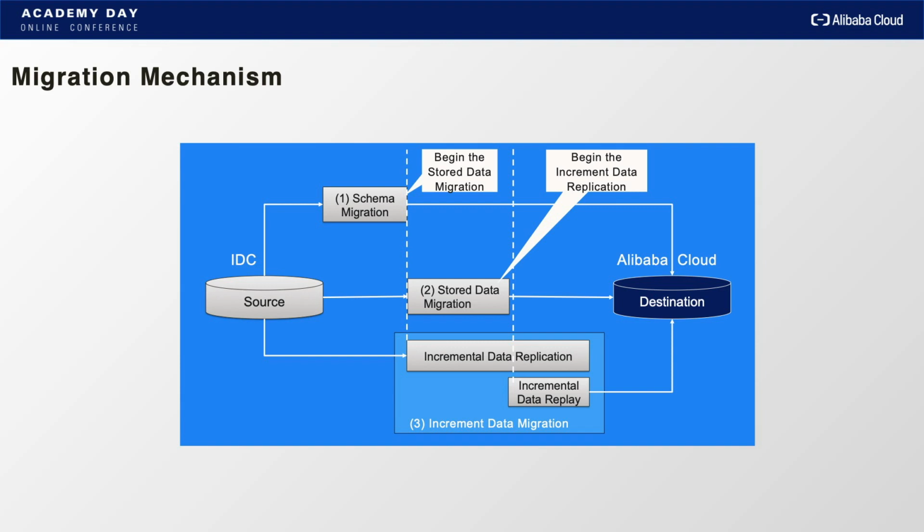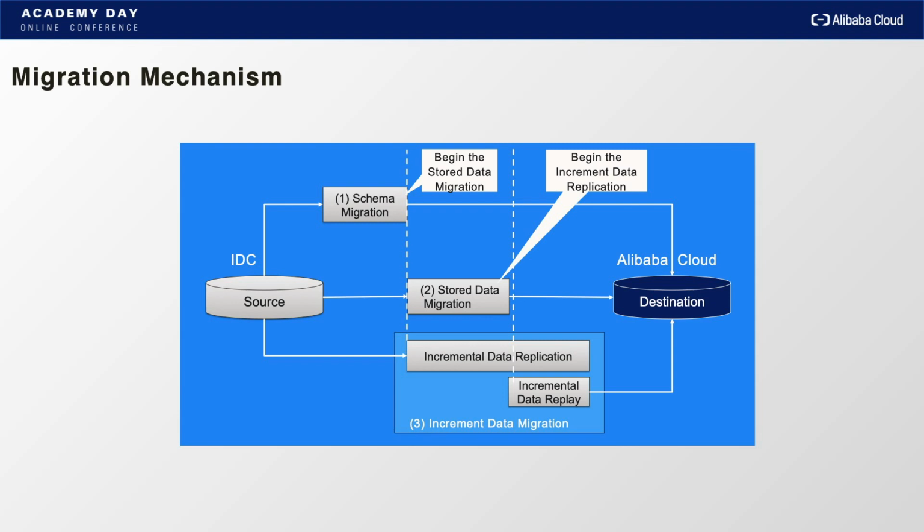As you can see from a timeline perspective, starting at this point, simultaneously, when DTS starts migrating the existing data, it also starts capturing the incremental data and replicates it to the destination database at the same time. So once you are done migrating the existing data, it'll automatically start migrating the incremental data. At the end of this process, the two databases are truly in sync.